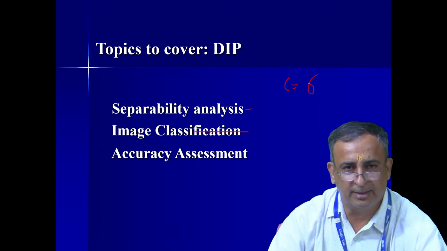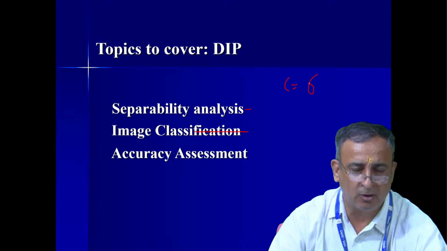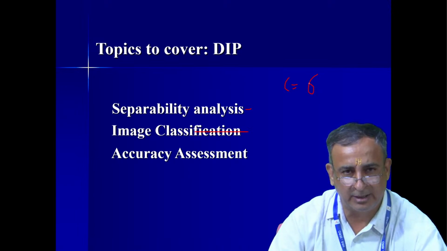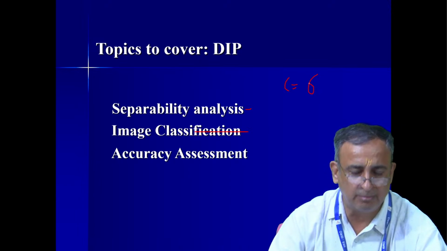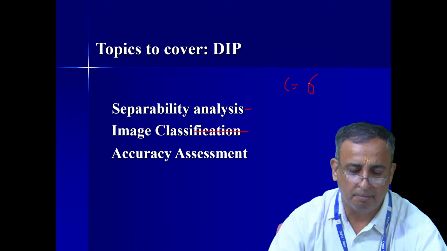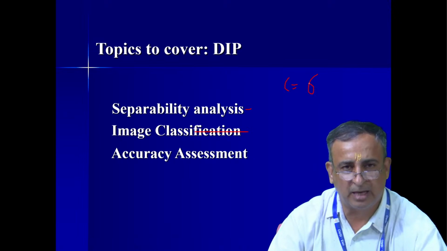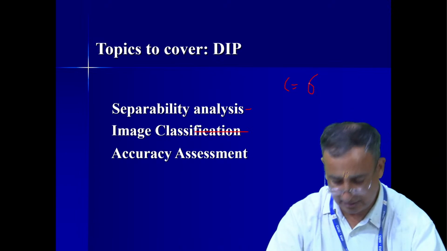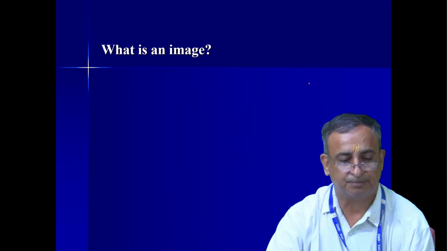So to cut down the time and find the optimum spectral bands which can give maximum separation between the classes we are trying to map, the answer we can get through separability analysis.